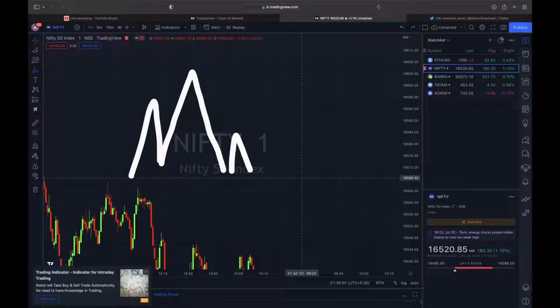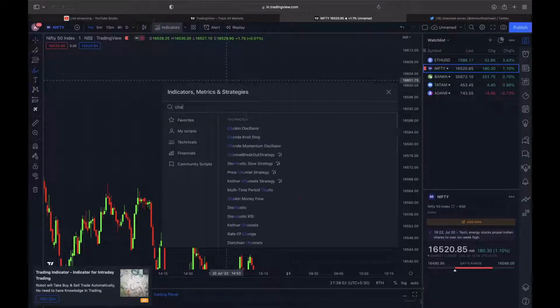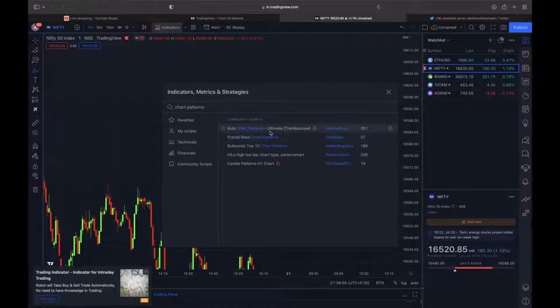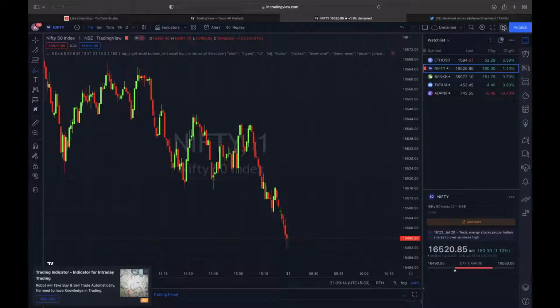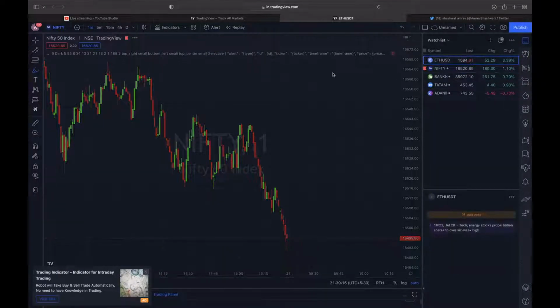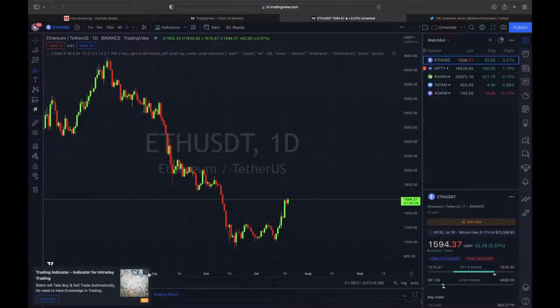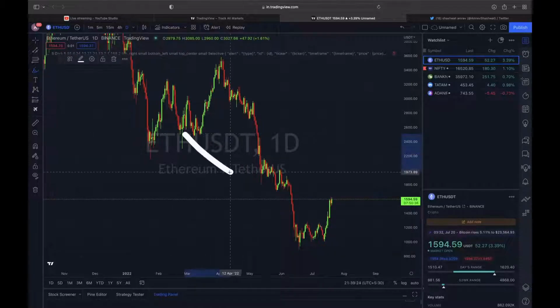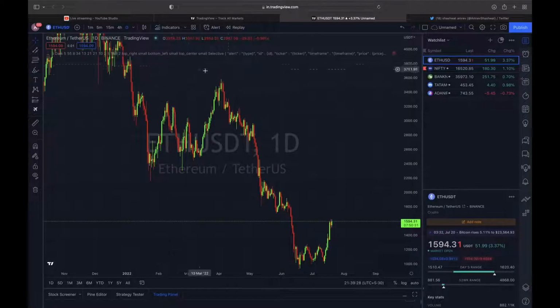Sir, is there any option which will automatically identify this pattern on the chart? Okay, let's look. Indicators, chart patterns. Or auto chart patterns you have to turn on, and then see if it is showing you or not. Click on auto. Let's go on Ethereum and let's go on the 1 day time frame. See, can you see any? No, I think there's no chart pattern as such as of now. Let's look at another indicator. I am damn sure there might be an indicator.